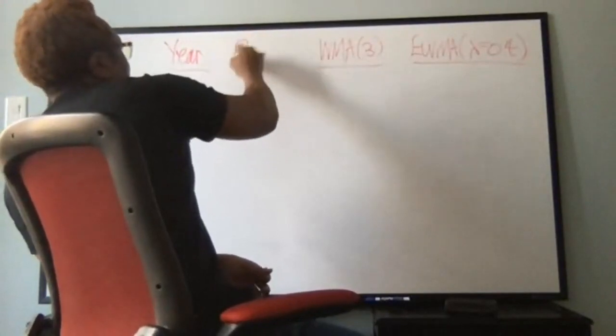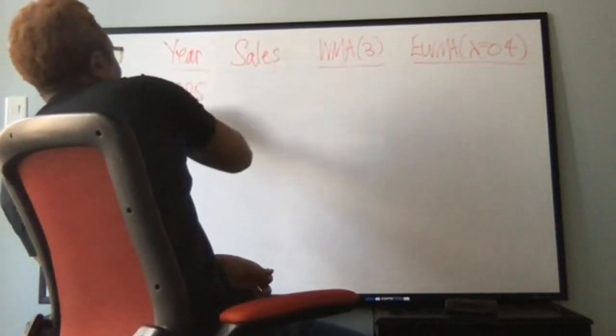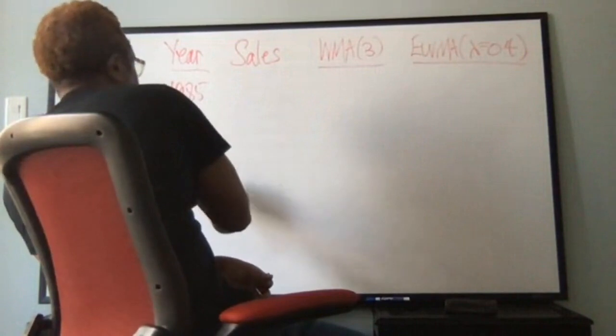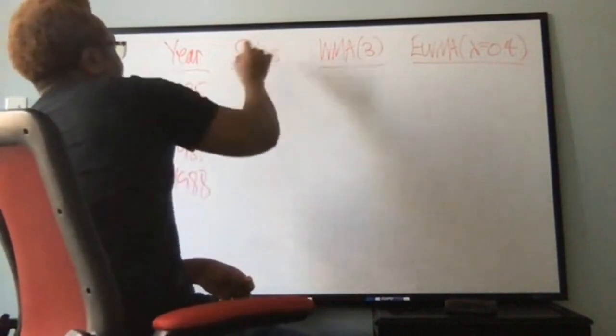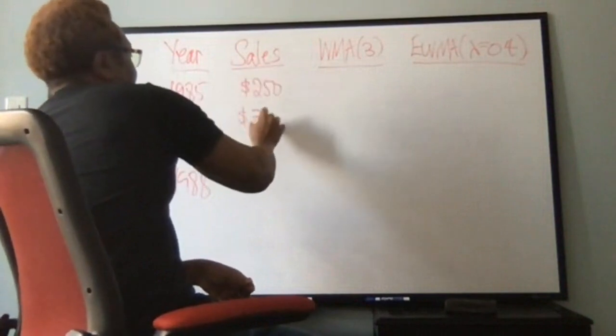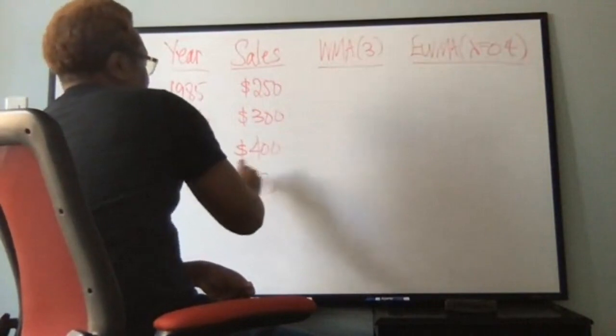Let's say year, and I'm going to go back to sales here. Let's say 1985, 1986, 1987, 1988, and let's say sales are $250, $300, $400, $150. I'm literally just making this up as I go.